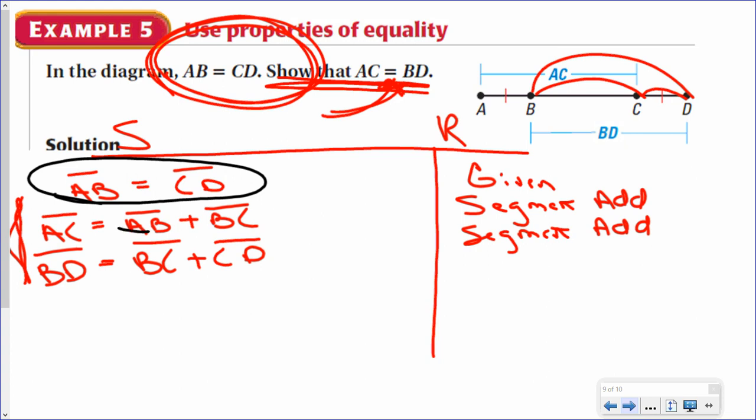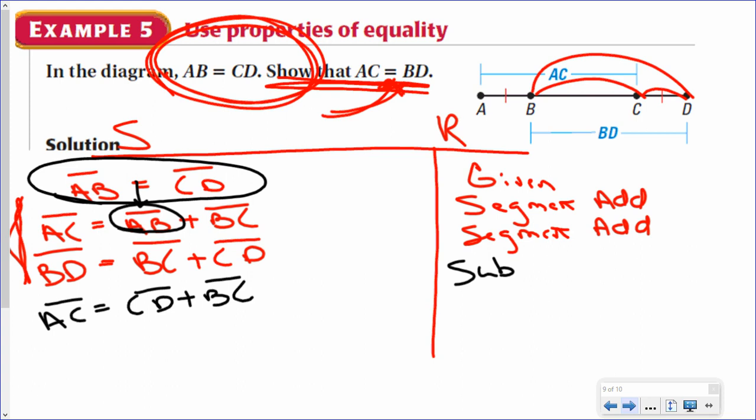So I'm looking at this AB, and I'm saying, you know what? I could rip out that AB and put CD in place of it. So it looks like this. AC equals, okay, now we're going to take out the AB and put in the CD plus BC. So we took something out, we put it in place of it. That's called substitution.